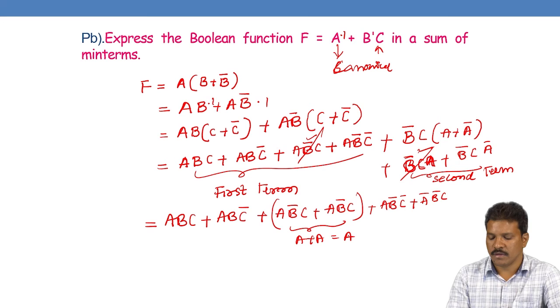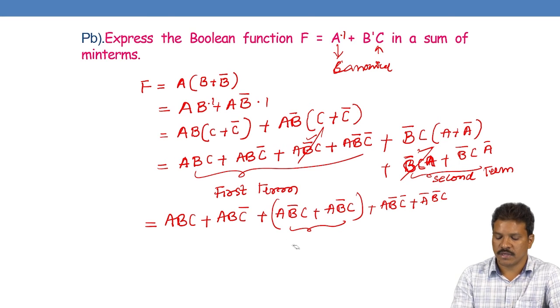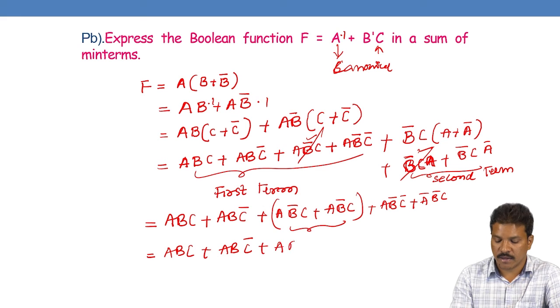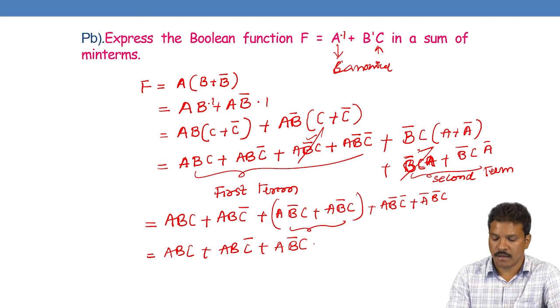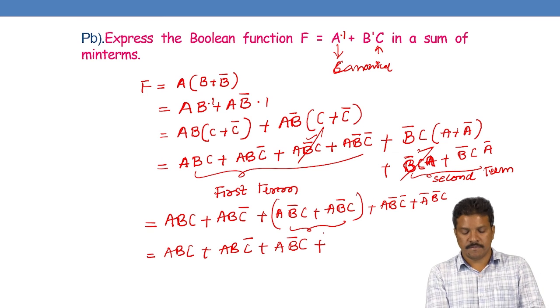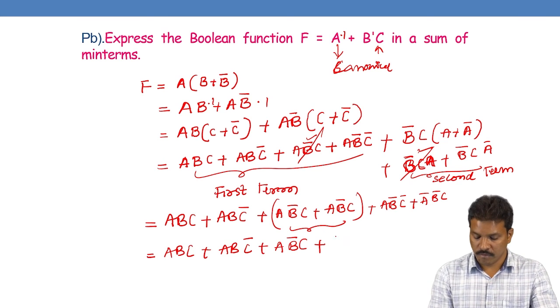According to the theorem, A + A = A, the same variable ORed with itself gives a single term. So we get ABC + ABC' + AB'C + AB'C' + A'B'C.